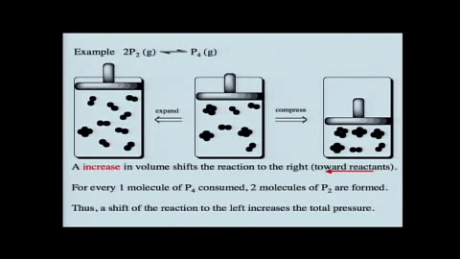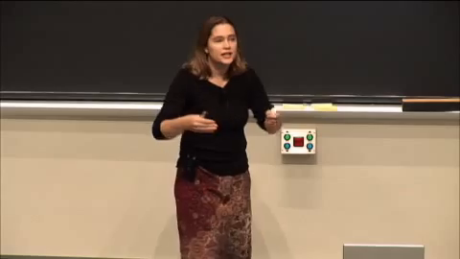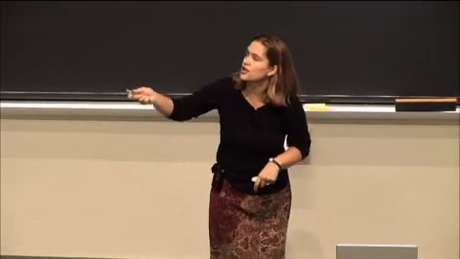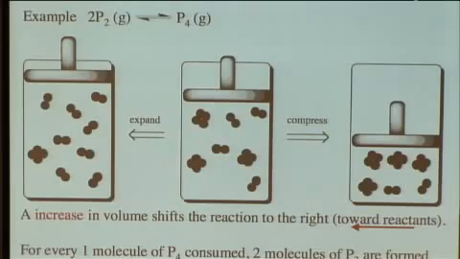And what that's going to do is shift toward reactants, because we want to compensate for that decrease in pressure. And to do that, we can increase the pressure by shifting the reaction toward the reactants. So again, we're going from 1 mole of product to 2 of the reactants.